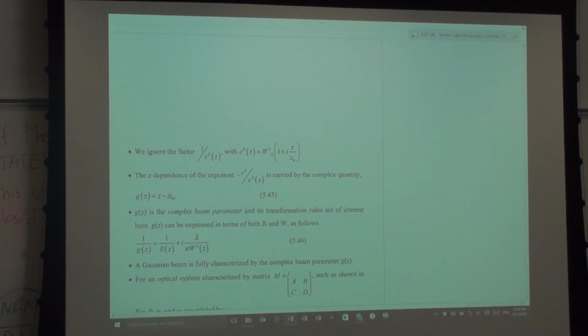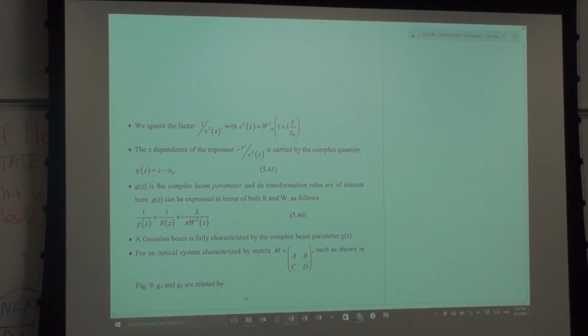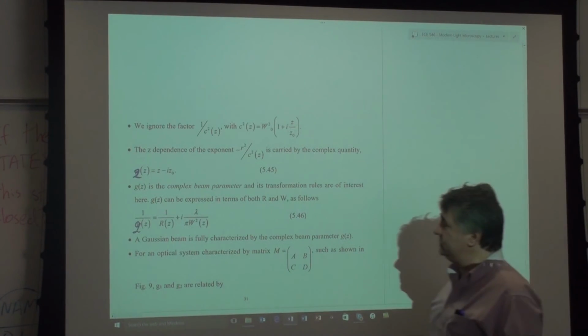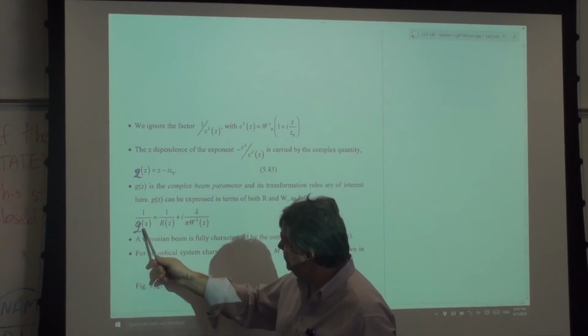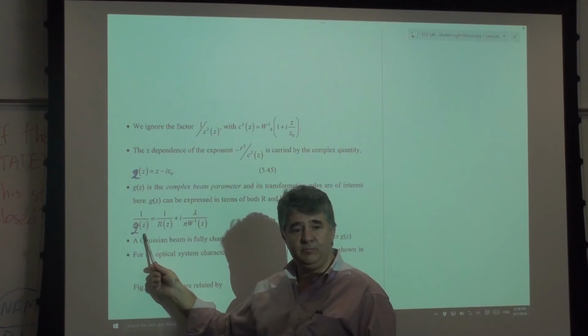It turns out that I have to define one, this is Q, not G. You can call it whatever you like, but in most books it's called Q. If I define this Q, it's called the complex beam parameter.